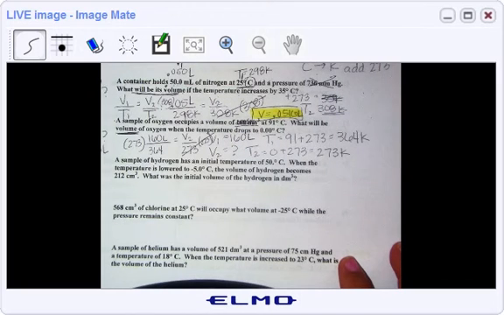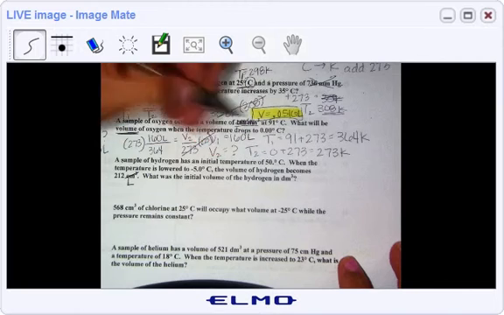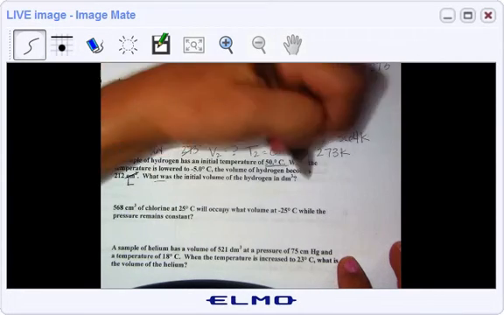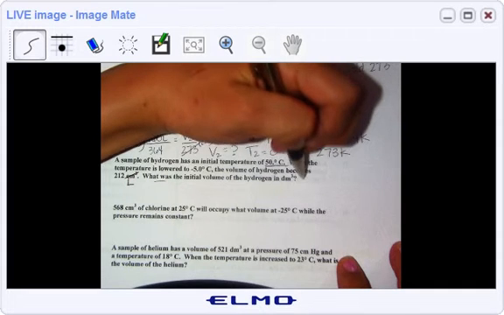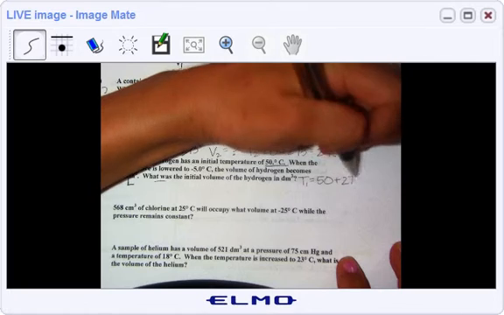Okay. This 212 centimeters, will you change that to liters, please? Okay, it says its initial temperature was 50 degrees Celsius. So initial, I'll organize my stuff over here. So T1 was 50. I need to add 273.